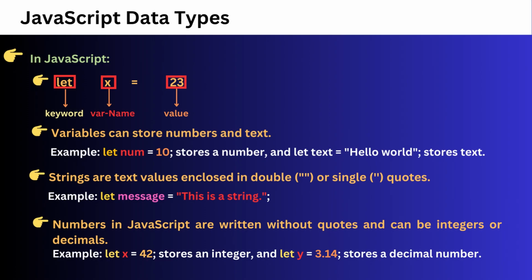Now if we remove the double quotes from this, and then if we hit Ctrl plus S, you can see now this variable has a type of number. And by using this typeof, we can check the type of any variable.